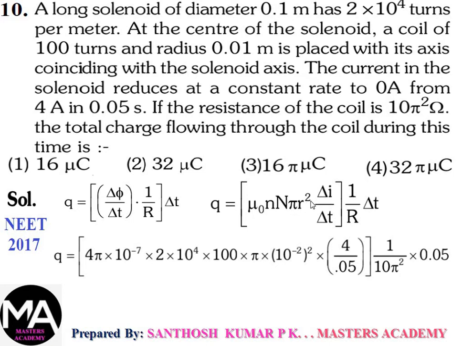So, pi into r, radius is 0.01 means 10 raised to minus 2 whole square, into the rate of decrease in current, 4 ampere to 0, that is 4 in time 0.05, that is 4 by 0.05 into 1 by 10 pi square into 0.05. On calculating, you will get Q is equal to 32 microcoulomb. Therefore, option is the second one, 32 microcoulomb.